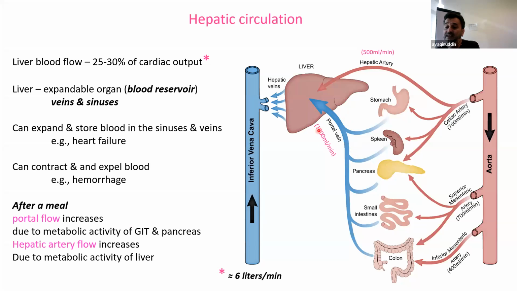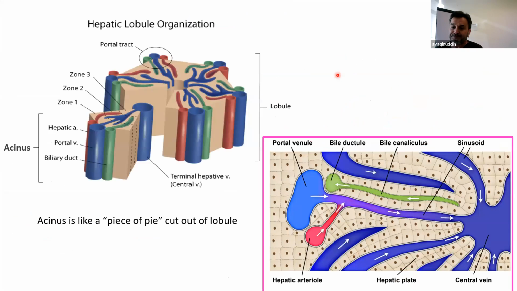But on the other hand, the portal blood is bringing all the nutrients into the liver. So both portal flow and hepatic artery flow increase due to the metabolic activity of the liver. Whenever you are eating and you take food, the blood flow to the liver is going to increase, both through the portal vein as well as the hepatic artery.